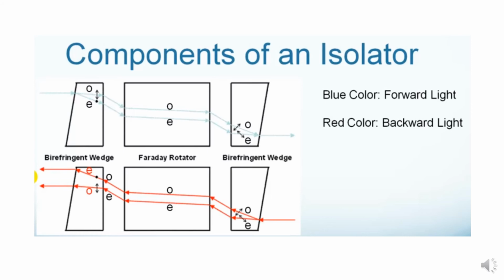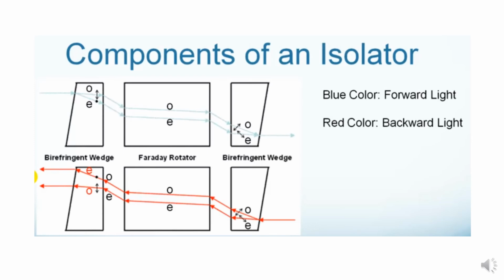When you look at the backward direction, the reflected light is separated into two beams. The O ray is at 45 degrees and the E ray is at minus 45 degrees. Again, when it passes through the Faraday rotator, it rotates by 45 degrees, because the isolator property is that it rotates exactly 45 degrees. So now the O ray becomes 0 degrees and the E ray becomes minus 90 degrees.